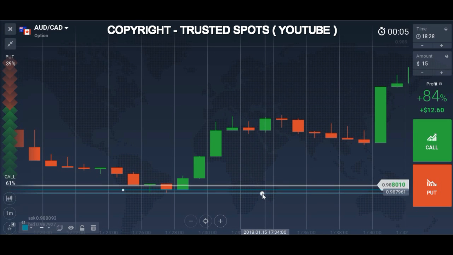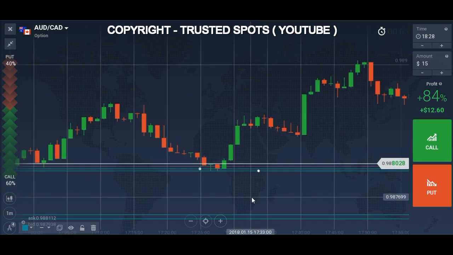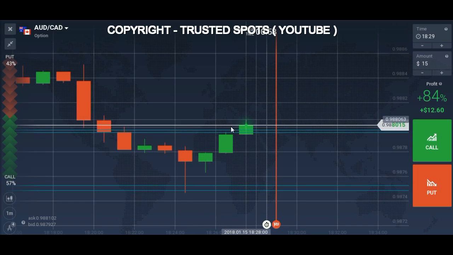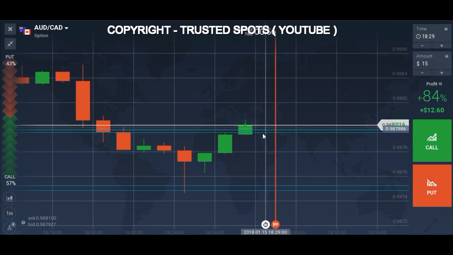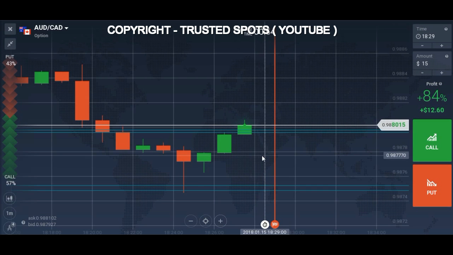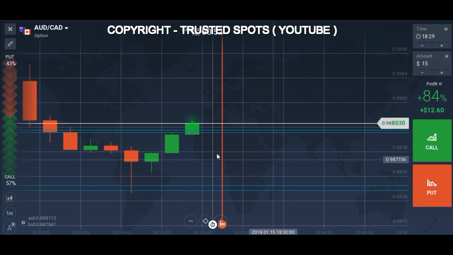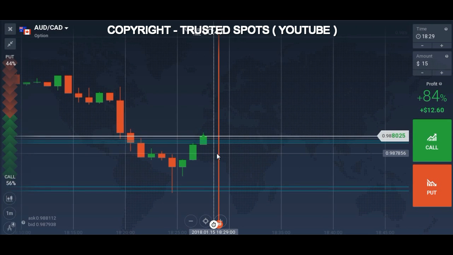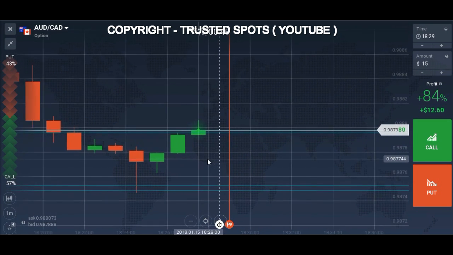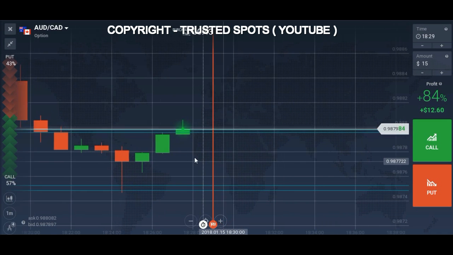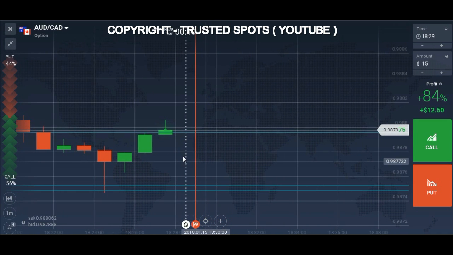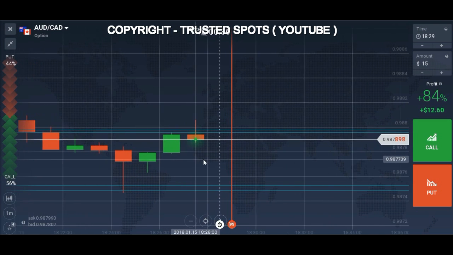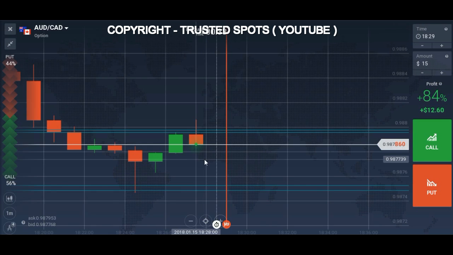Now we are good. We will wait for this candle close. Okay, it's coming down. We will wait for the closing of this candle. Okay, it is now okay.